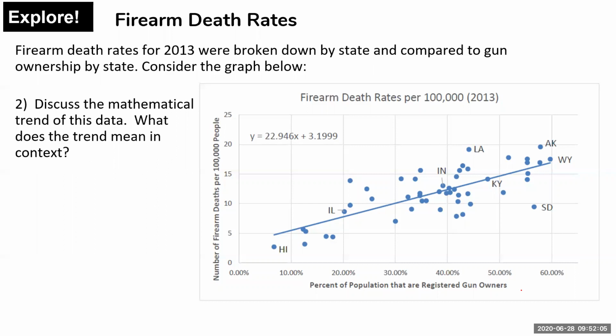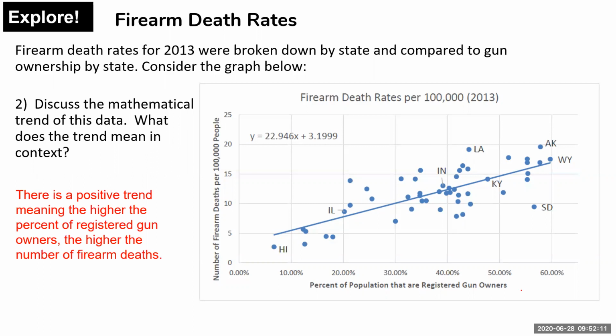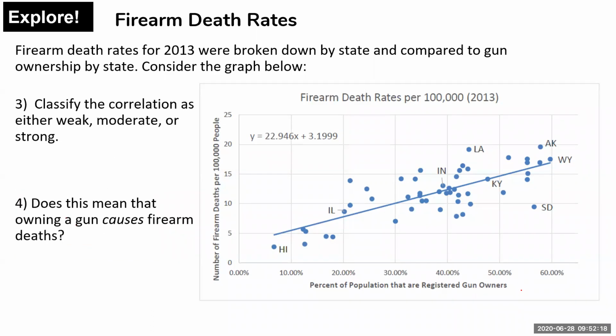Now discuss the mathematical trend of this data. What does the trend mean in context? So there's a positive trend, meaning the higher the percent of registered gun owners, the higher the number of firearm deaths. Okay, we want to classify the correlation as either weak or moderate, and this is moderate, right?